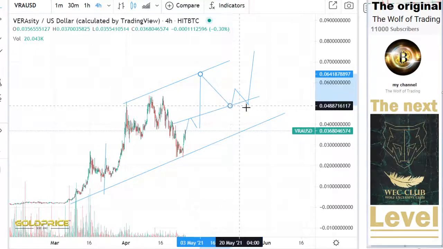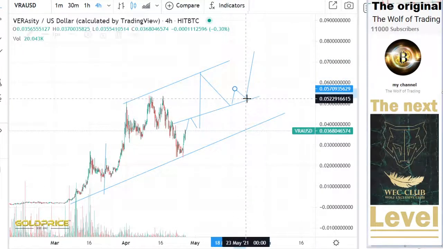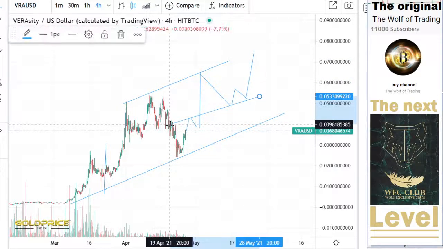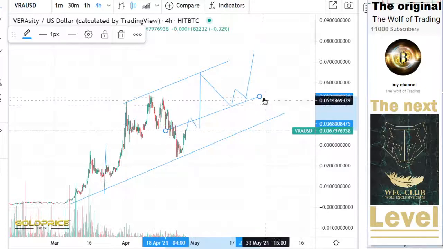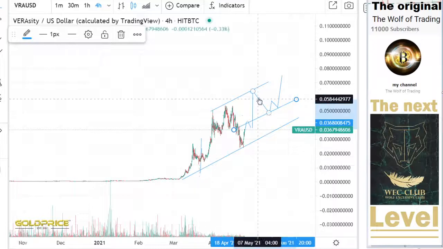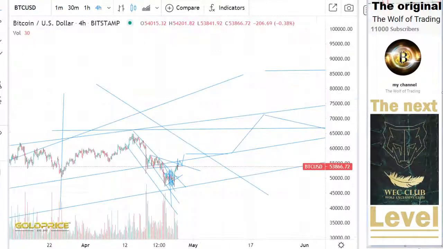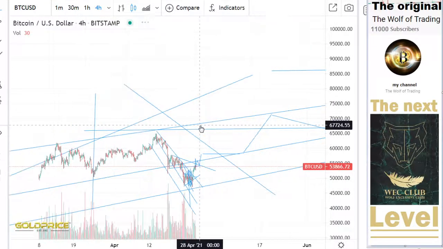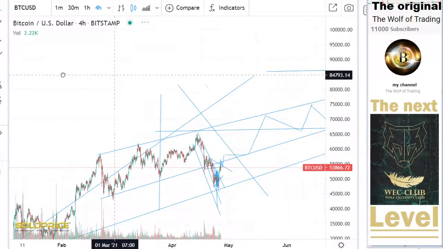That means we have here higher lows. So we can say, okay, this is a support line. If this happens, then we have here the left shoulder, head and right shoulder, and that means price will go to the top side.